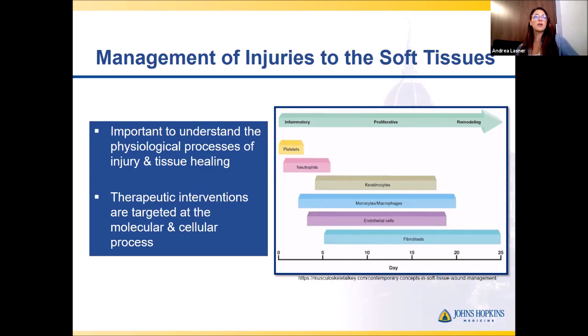So it's really important to take note of where they are on this spectrum, and maybe they've been in the proliferative phase or the remodeling phase, but they just can't get back to doing what they need to do because something is still being irritated and we almost need to jump start it, I like to say with a patient, for example, with tendinopathy. So we can choose our interventions, manually based, or even therapeutic exercise or motor control exercises, to help progress the process depending on where they are on the spectrum.